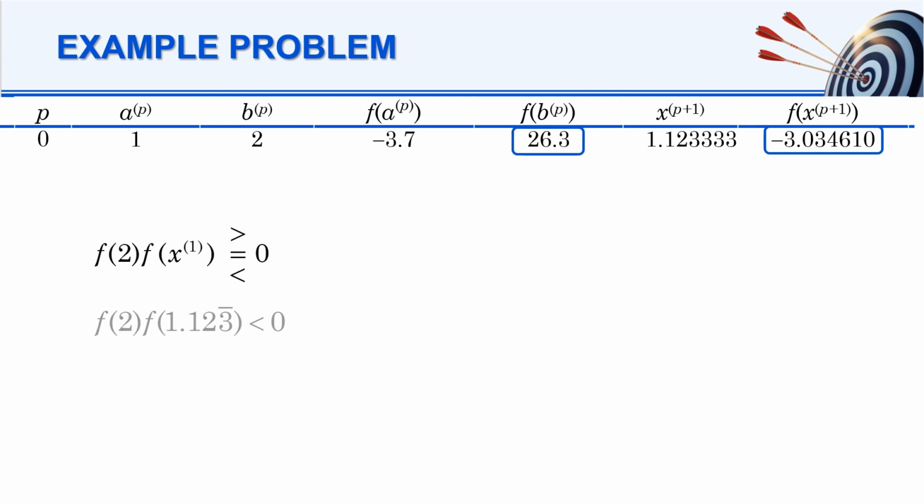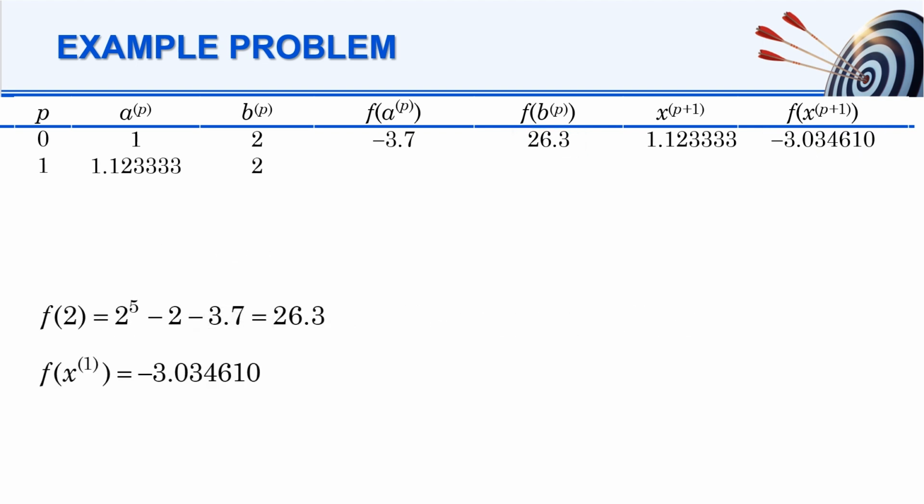We observe that this product is negative, so we will discard the left interval. The left endpoint is updated as a1 equals 1.123333, while the right endpoint remains as 2. We already have f(2) and f(x1) from the prior step, so there is no need to recalculate these quantities.